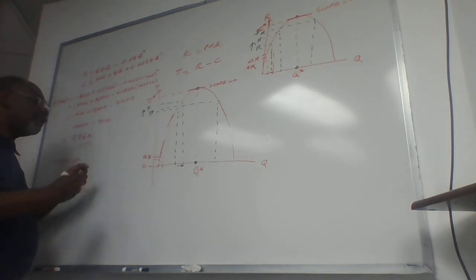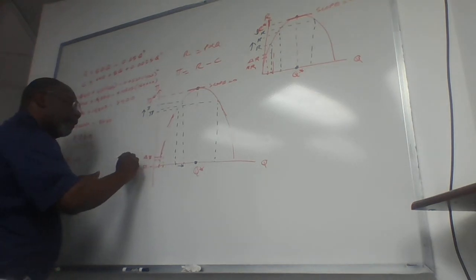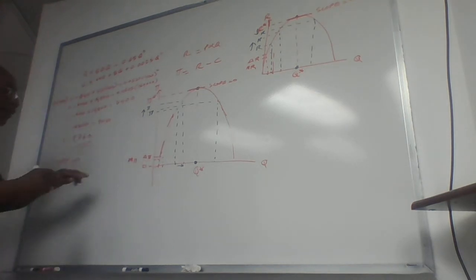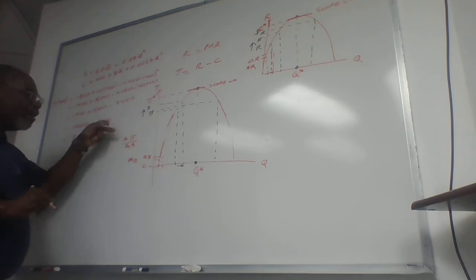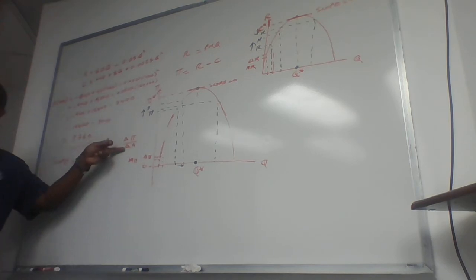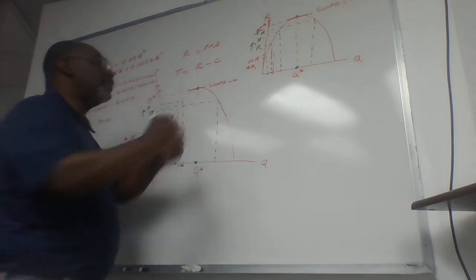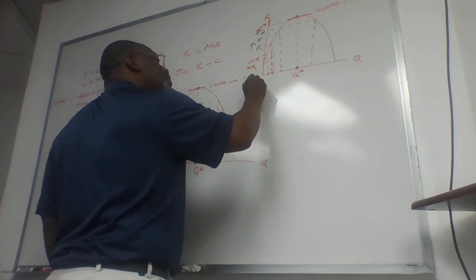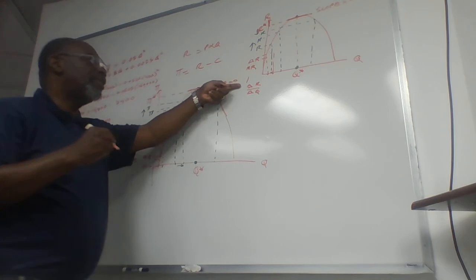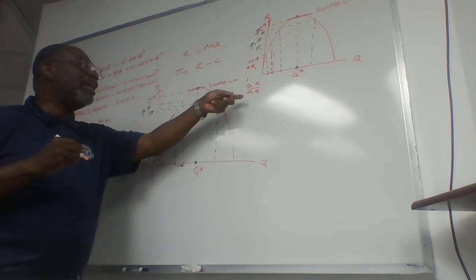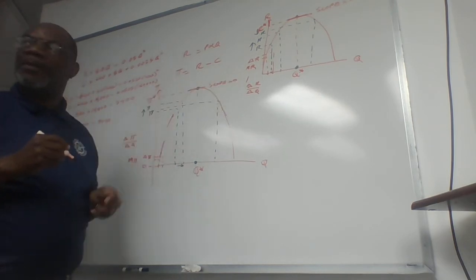This change in profit is what we call marginal profit. Marginal profit is change in profit divided by change in output: how much profit changes when we increase our production. Marginal revenue is change in revenue over change in output: how much more money we make when we increase production.